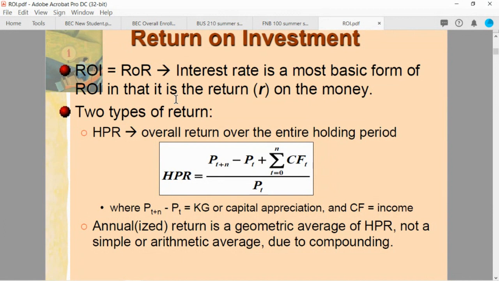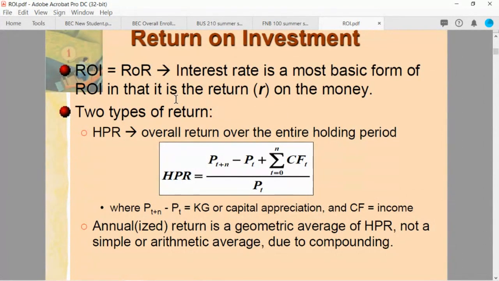So if they invested your $10,000 into Amazon stock, and then let's say over a 1 year period, Amazon grew, let's say 50%. That means the return on the investment in Amazon is 50%.